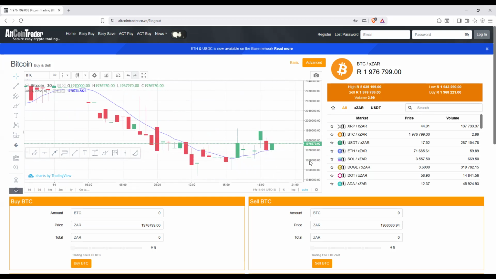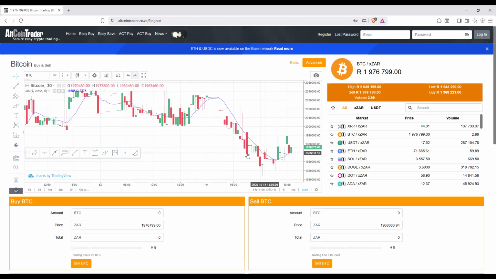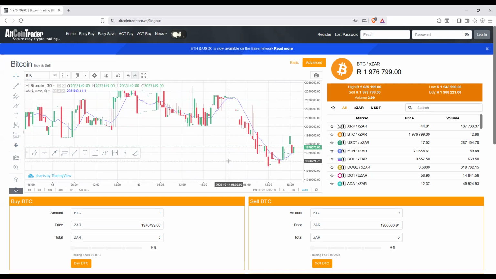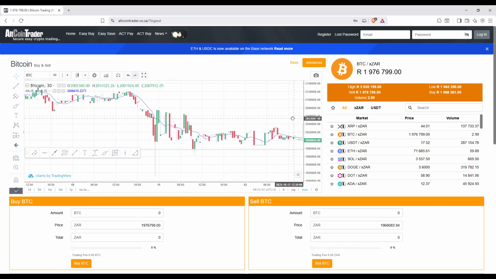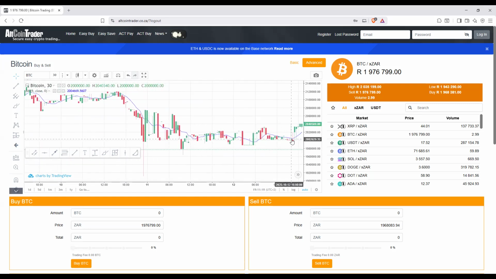So for instance, the moving average is a calculation, and it's doing these calculations all the time. Over here, it's saying that this line where it is now is the average of, let's say, 100 prices going back.